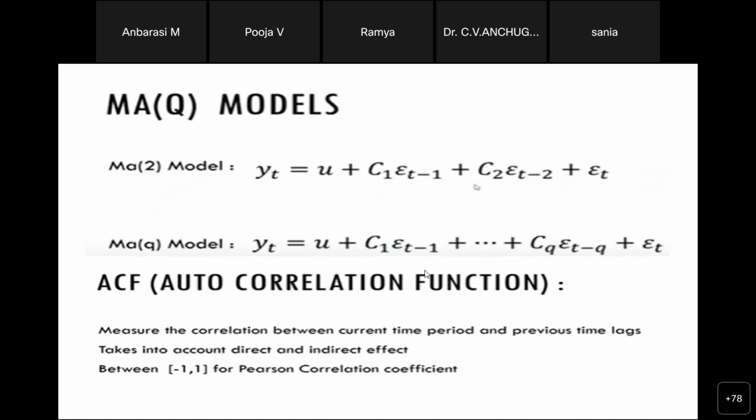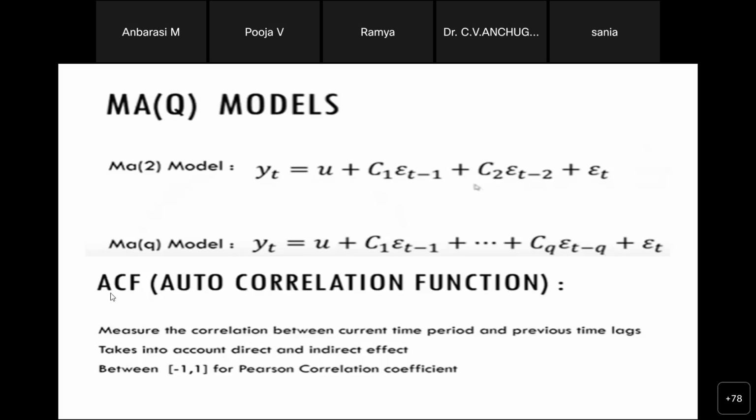The next one is, here we'll be using two functions. One is the autocorrelation function, and another one is the partial autocorrelation function. The autocorrelation function is used to measure the correlation between the current period time and the previous time lags.